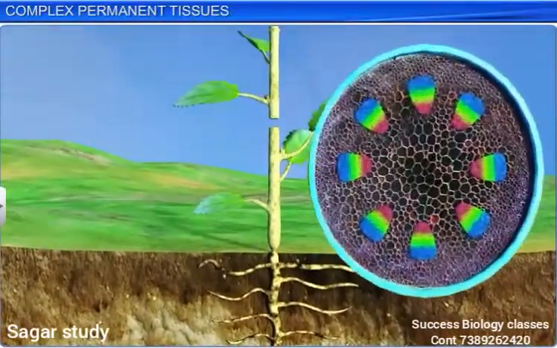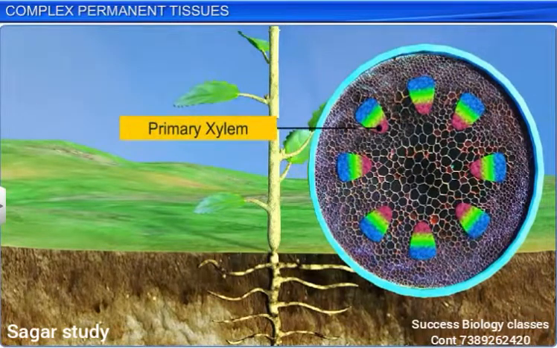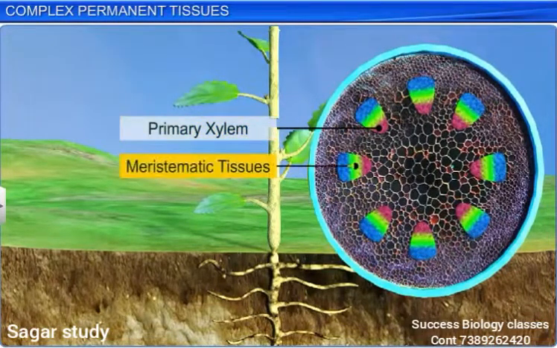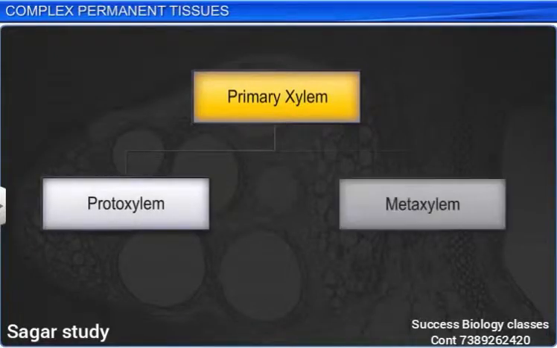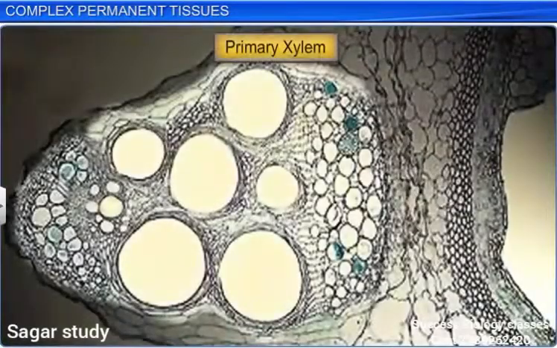We'll now learn about primary xylem, which consists of the young cells produced from meristematic tissues by the differentiation process. Primary xylem is of 2 types: protoxylem and metaxylem. The primary xylem elements formed in the beginning of a plant's life are known as protoxylem.